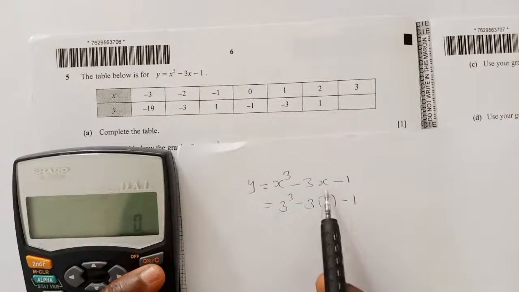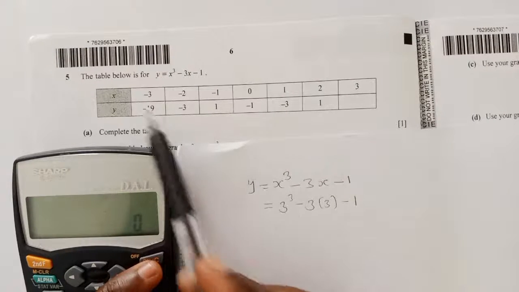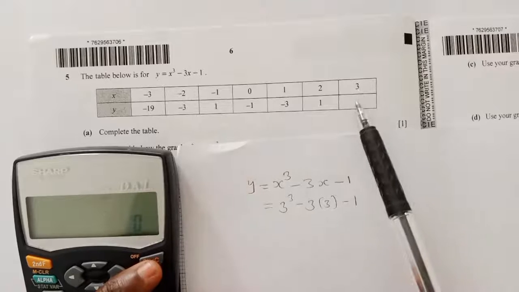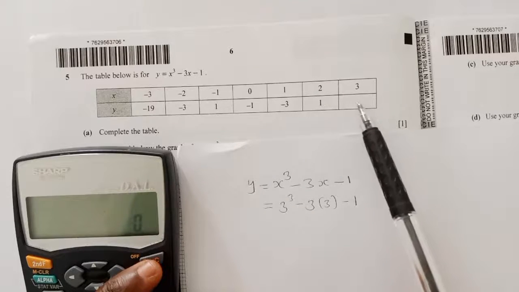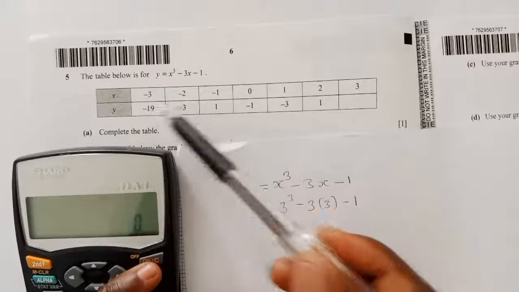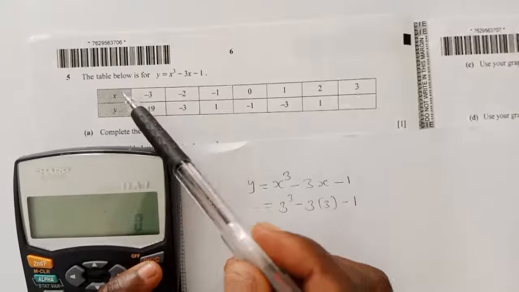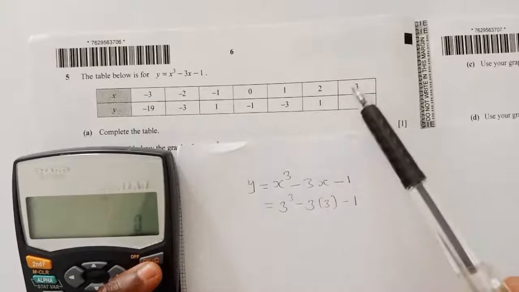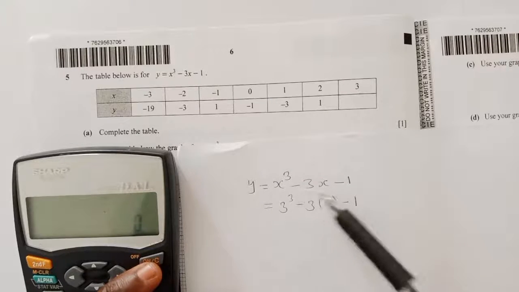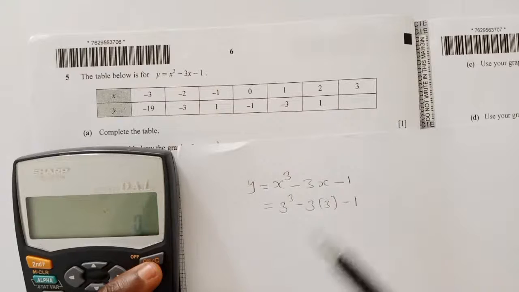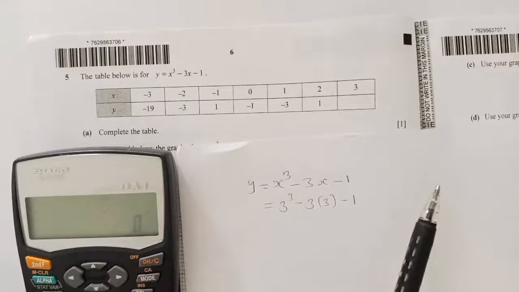So why am I putting this 3 over here? The reason is simple. It's because the value we want here is under the y-axis. If you can see nicely, this is the y-axis, and under the x-axis we have a 3, and this is the 3 I'm using. We put it where x is, and then you punch on your calculator.